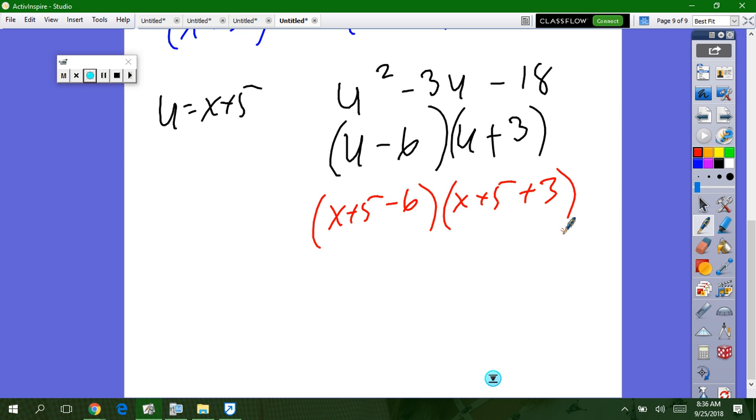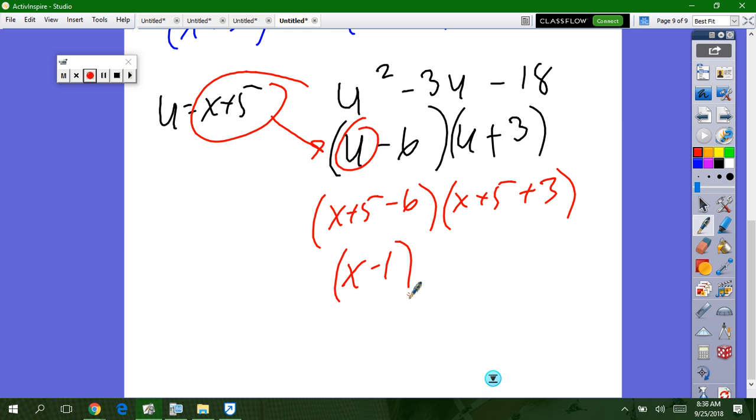See how I replace the u with what u equals? Okay. And then notice we could simplify. What's x plus 5 minus 6? X plus 5 plus 3. And that's what I originally had in there.